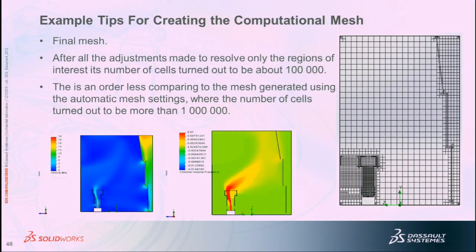All right, so here's the final mesh. So we went from 1.1 million to about 200,000 to about 80,000. And because we further refined the ejector, we're back up to about 100,000. So this is an order less compared to the mesh generated using the default settings. You can see this on the left-hand side, this is the velocity plot of the ejector coming in here, and you can see the velocity heading towards the exhaust outlet.